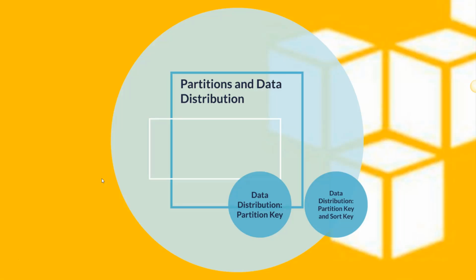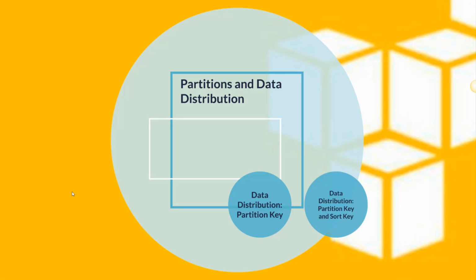DynamoDB allocates additional partitions to a table in two situations. First, if you increase the table's provisioned throughput settings beyond what the existing partitions can support. And second, if an existing partition fills to capacity and more storage space is required. So this is the concept of partitions and data distribution.